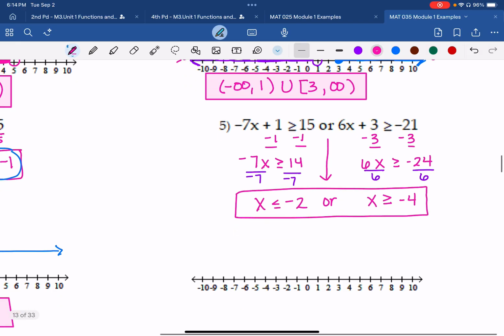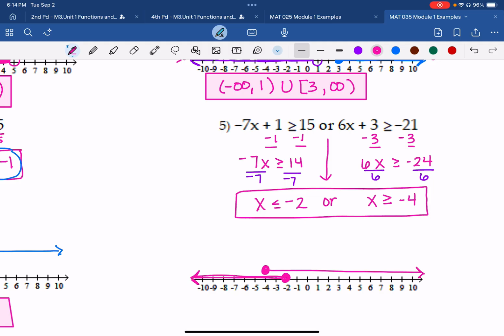And that's my inequality. Now I'm going to graph it. So it's an or, so it can overlap. So I'm at -2. I'm going to put my closed, and I'm going this way. And then at -4, okay, this is kind of weird, but that's okay. Let's see what happens. I've got a closed circle, and I'm going this way.